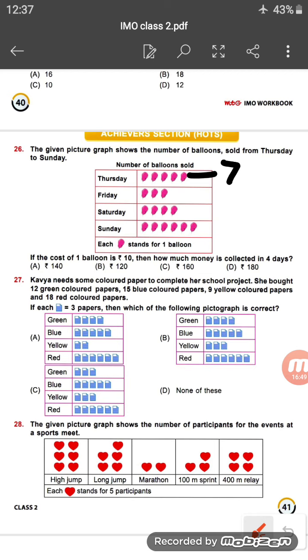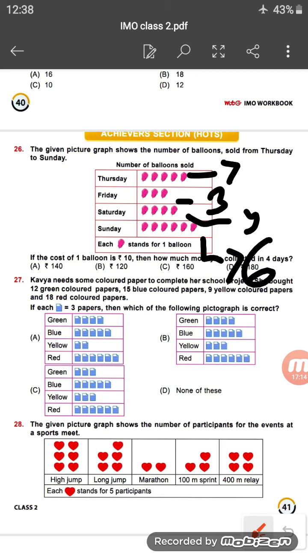So Thursday: 1, 2, 3, 4, 5. Friday: 1, 2, 3, only 3. Saturday: 1, 2, 3, 4, again 4. And Sunday: 1, 2, 3, 4, 5, 6, it is 6.